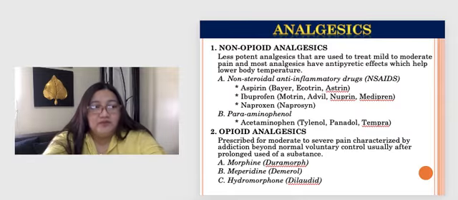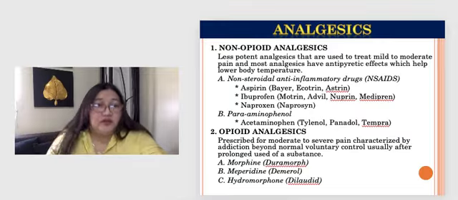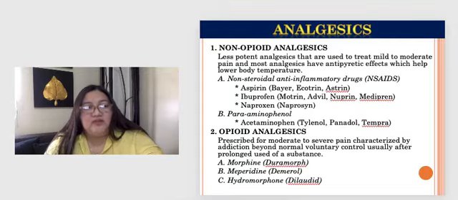So, si morphine, yan ay for severe pain, moderate to severe pain. In fact, sa sobrang severe ng pain, kaya niya yung pain, acute pain ng post-MI o kaya yung cancer pain. Alright? Yun nga lang, itong mga opioid analgesics, they really cause respiratory depression.